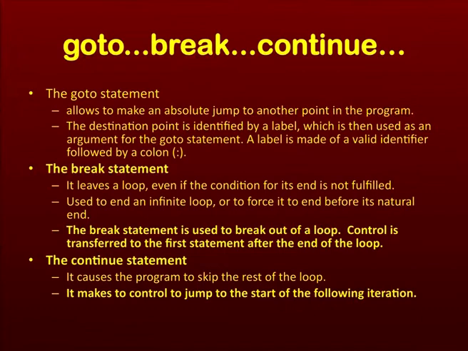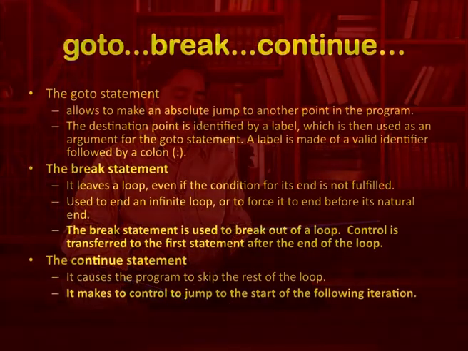A label is made of a valid identifier followed by a colon. We can simply write goto xyz, and xyz is a label which is put before the statement where we want the control to jump. It is simple as that, though it is not advisable to use the goto statement, but since the facility is there, we must know it.